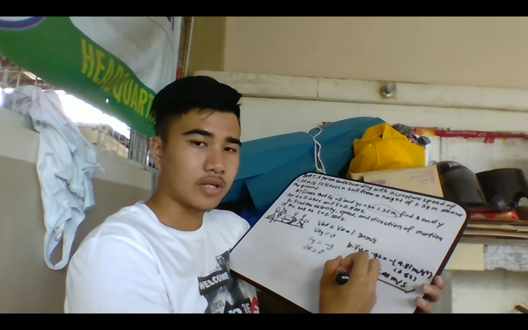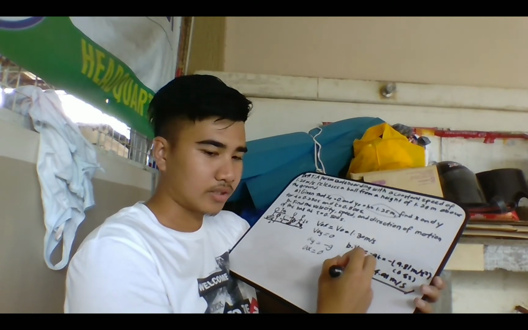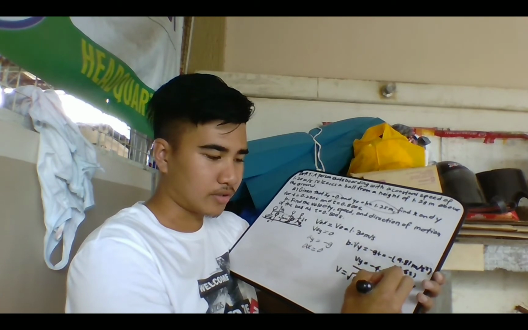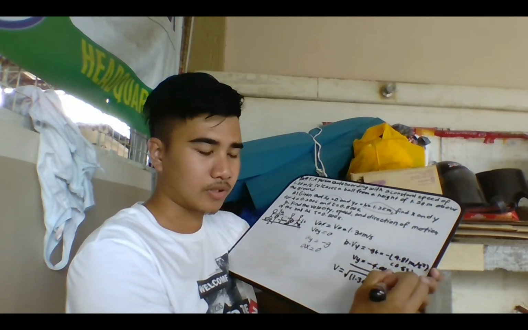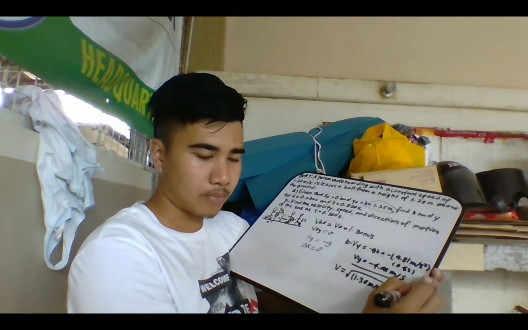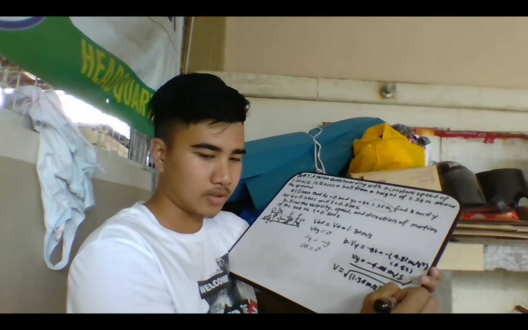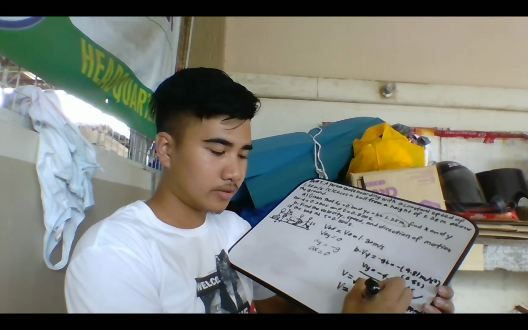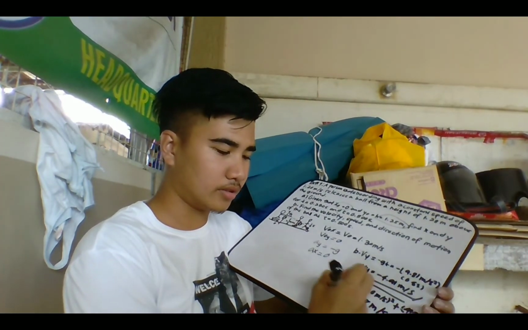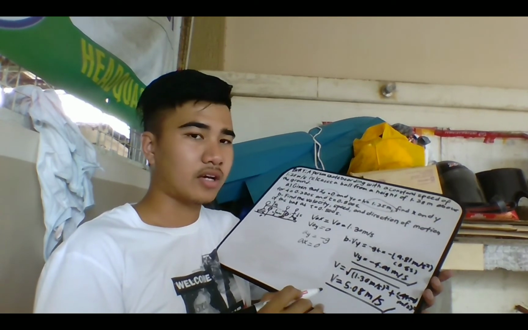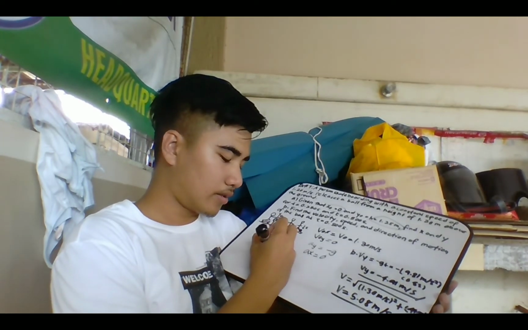We have v x, 1.30 meters per second quantity squared, plus negative 4.91 meters per second quantity squared. Our v is equal to 5.08 meters per second. This is the velocity of the ball after 0.5 seconds.